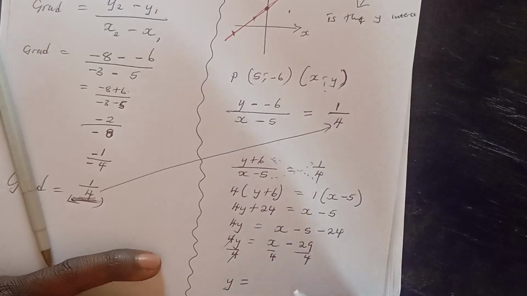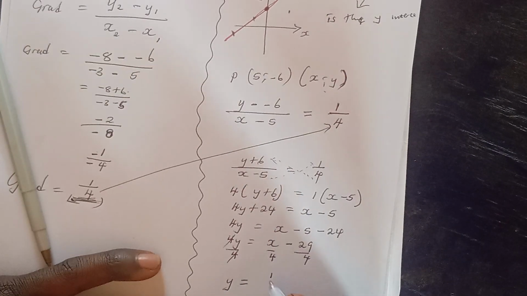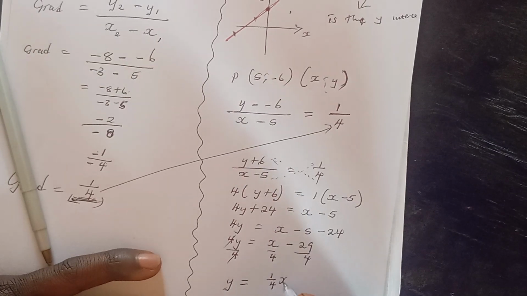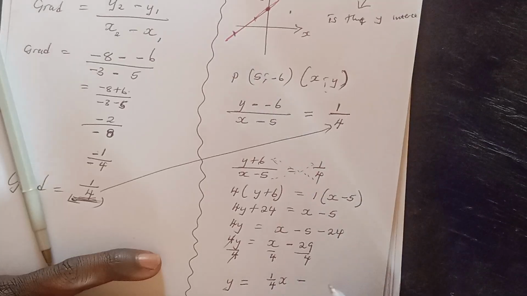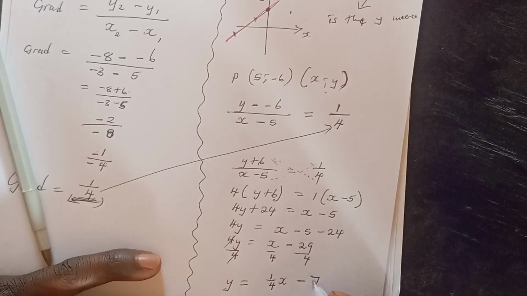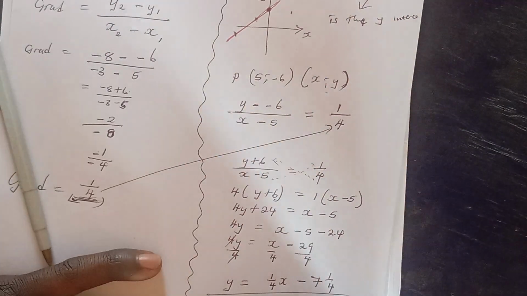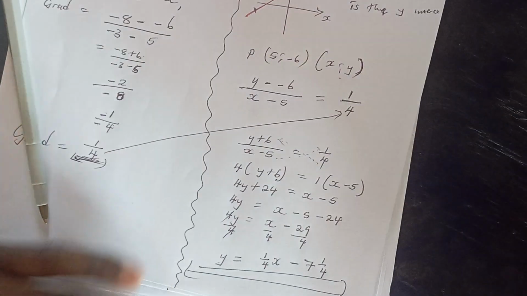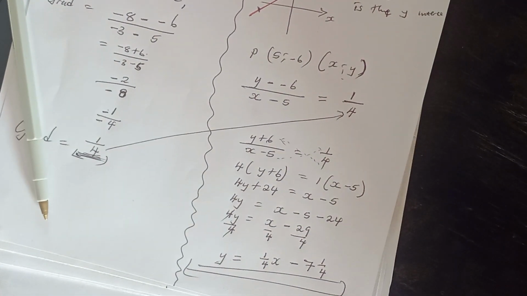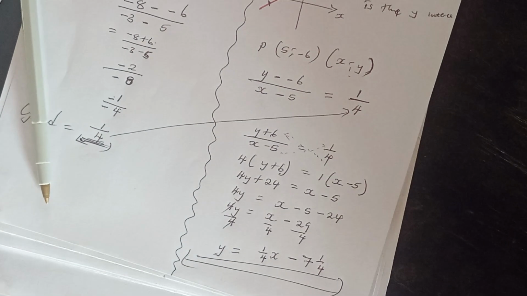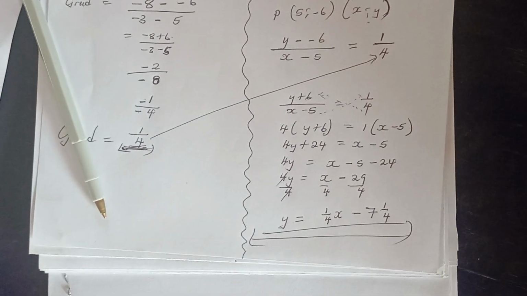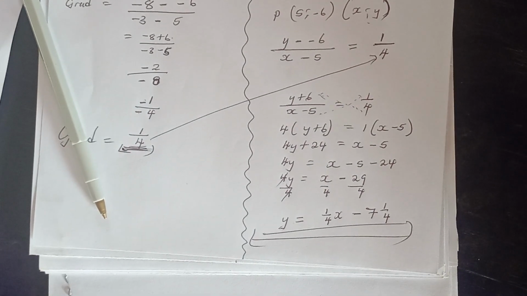Y is going to be 1 over 4 x minus 7 and 1 over 4. So this is the equation of the straight line. That's how we do it.